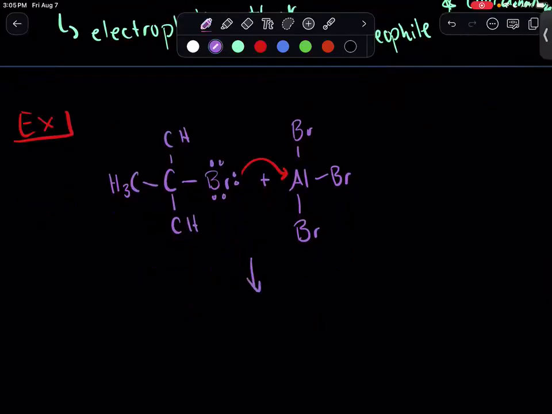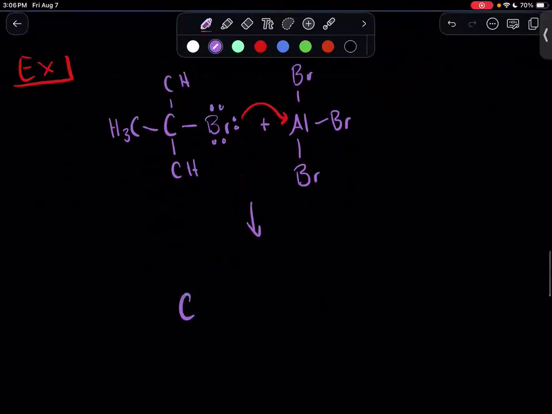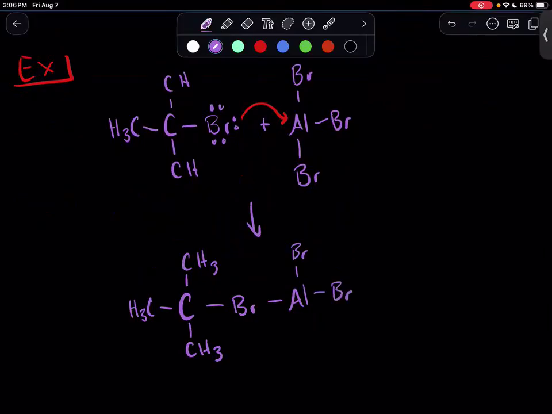This is going to produce a much larger compound actually joined by that bromine. Now, the important thing here is, once again, we have created another coordination bond.